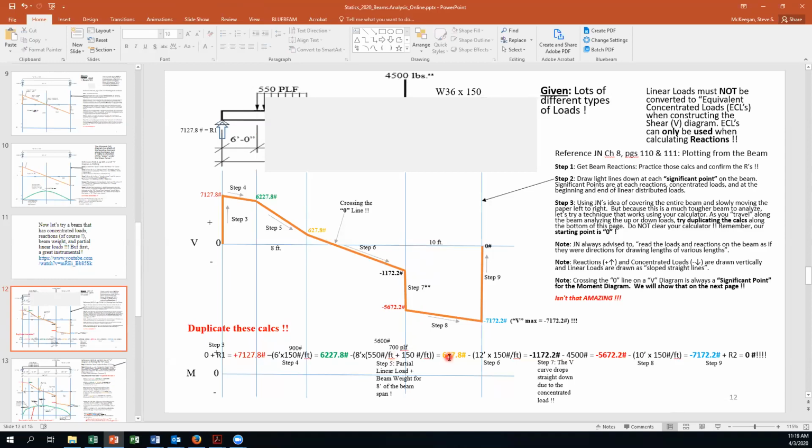So you with me up to 627.8? Yes. The key here, folks, is you want to highlight these. I'd even run these calcs at the bottom of your page for yourself, away from your moment curve so it's not in the way, and then color code it, just like I did.